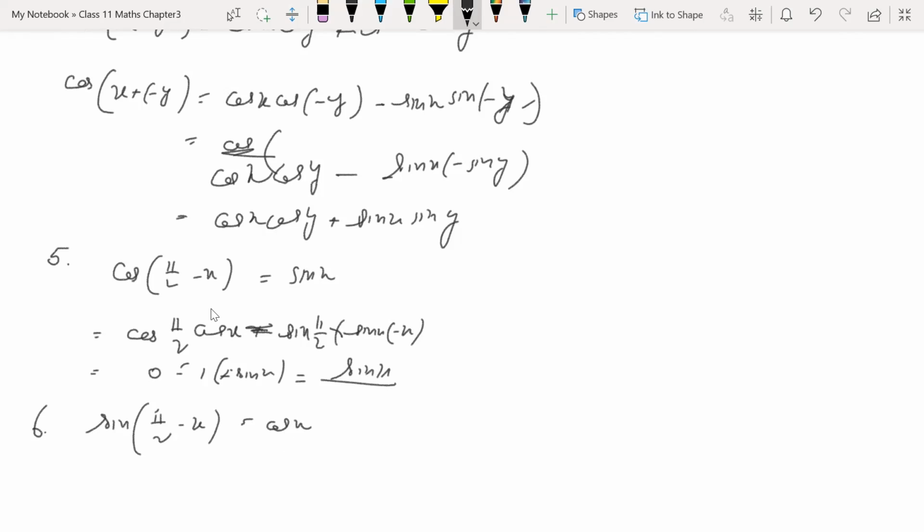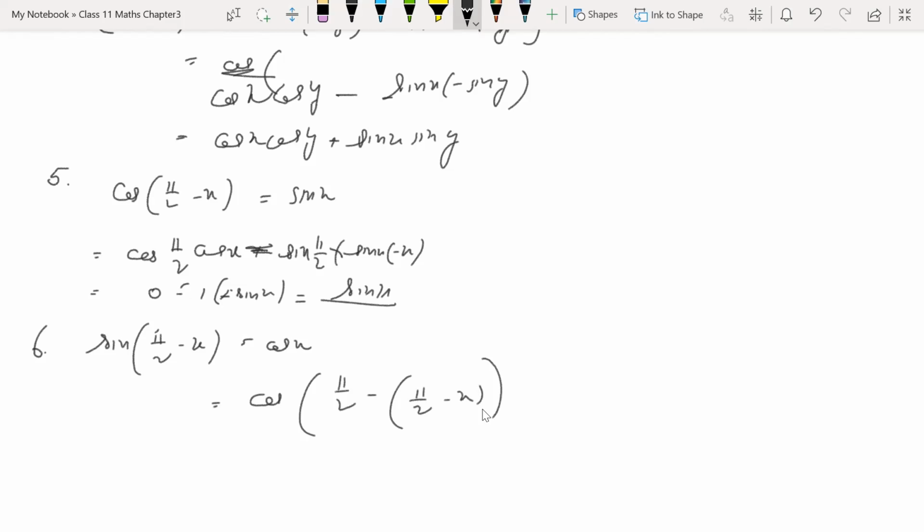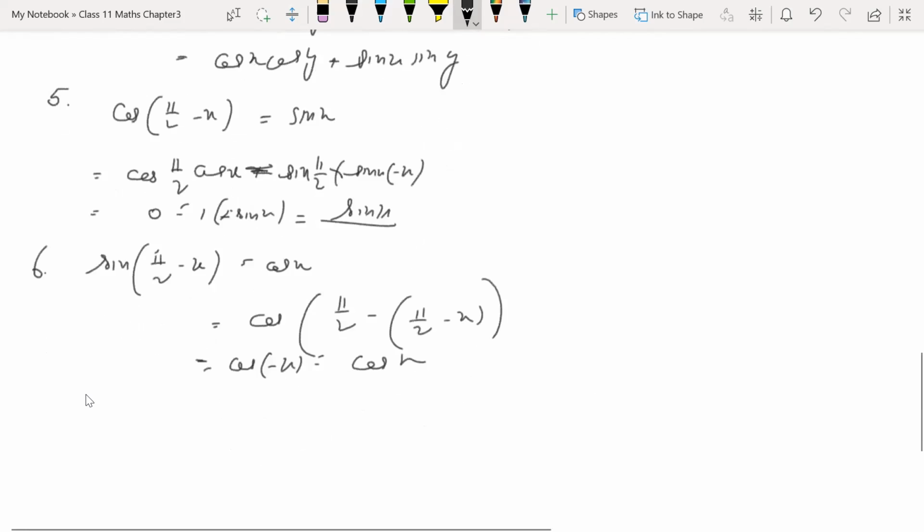Using identity 5, we have sin pi by 2 minus x is equal to cos of pi by 2 minus pi by 2 minus x, which is cos minus x, and it is cos x. That is identity number 6. Using identity 5, identity 4, and identity 3, you can prove all the remaining identities.